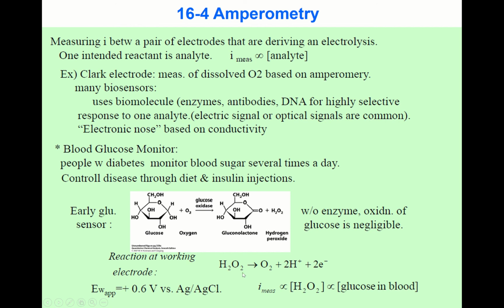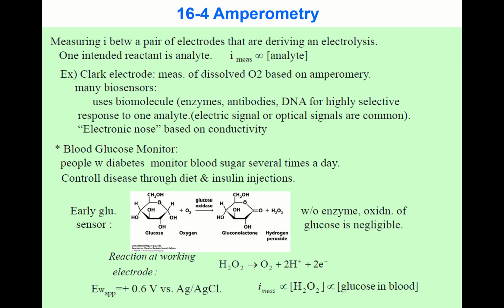When it is oxidized, it gives oxygen gas, and two electrons are produced. So by measuring the current, which is proportional to the hydrogen peroxide concentration, when you determine the hydrogen peroxide concentration, that is the glucose concentration, because there is a one-to-one reaction.